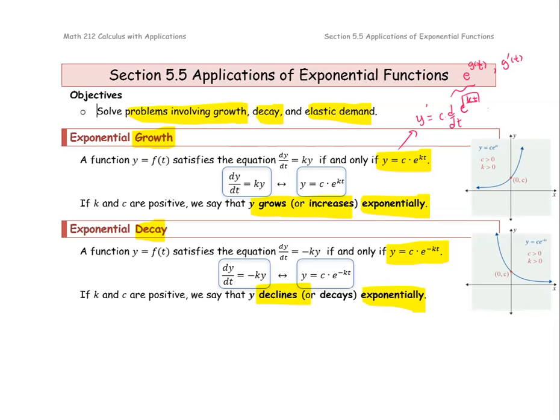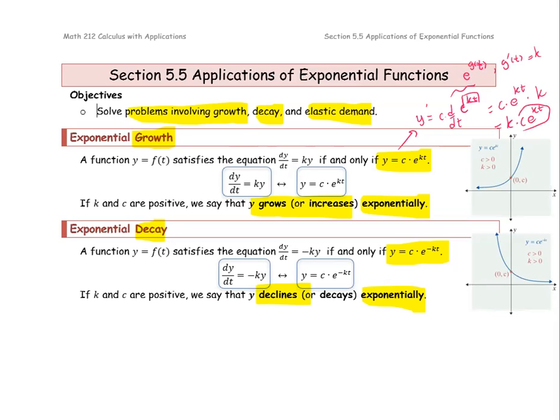So the derivative of y, or y prime, will be c multiplied by e to the power kt and multiplied by k, which is the derivative of the function g. Or we can rewrite it as k multiplied by c e to the power kt.